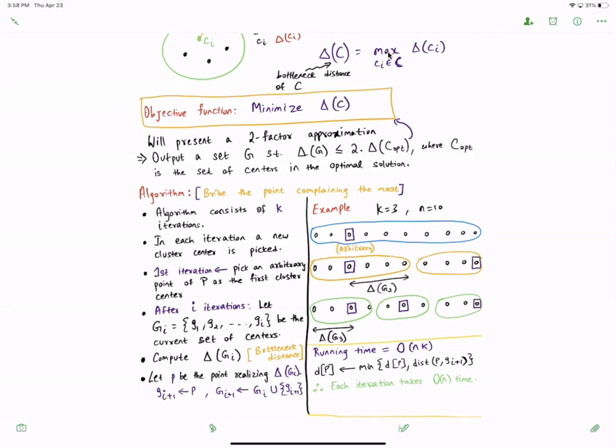So all we do is add that as the next point. So g(i+1) will just be this point p, and capital G(i+1) we'll get by taking the set capital Gi and adding this new point, small g(i+1), into it. Yeah, very simple.